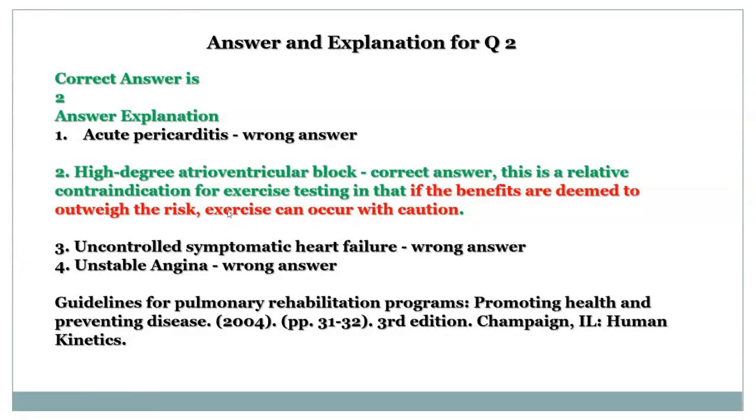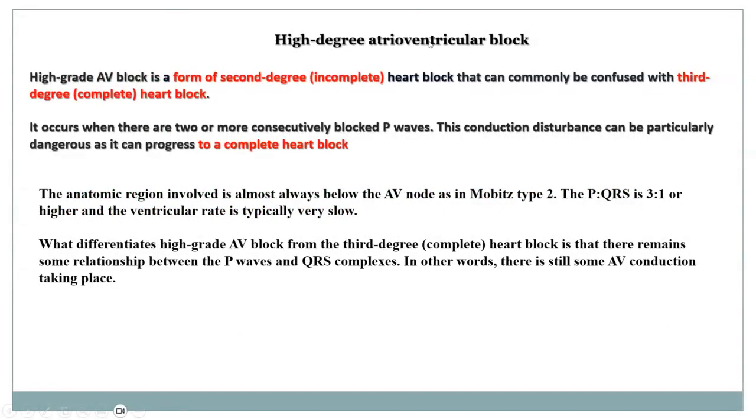When we just talked, we said first degree, second degree, third degree, but we didn't mention anything about high degree atrioventricular block. High degree atrioventricular block is a form of second degree, which is incomplete heart block, that can commonly be confused with third degree, which is a complete heart block.